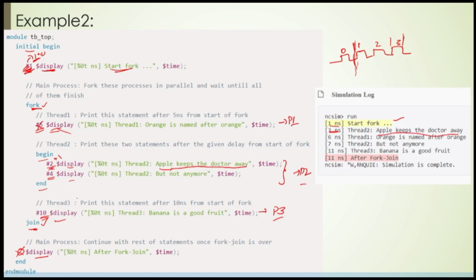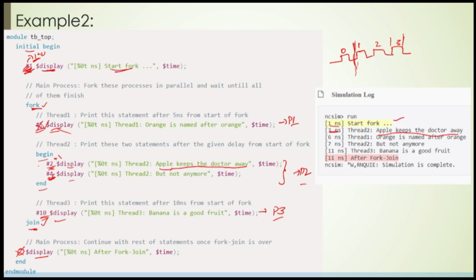Now coming to the next statement. Most of you think that this statement will be executed next because this is 4 time units and the other is 5 time units delay, but that is wrong. Why? Because you already know that whatever you give within begin and end will be executed sequentially.